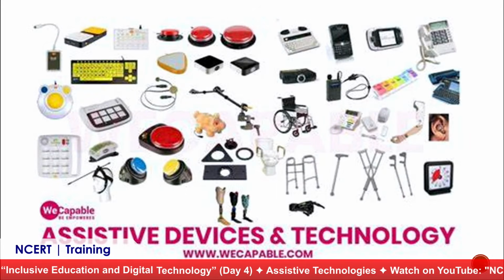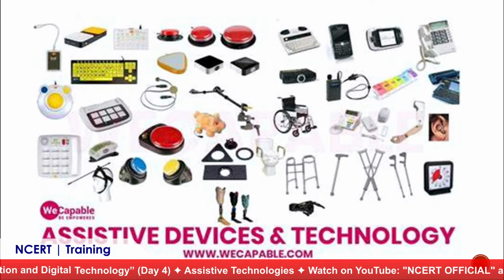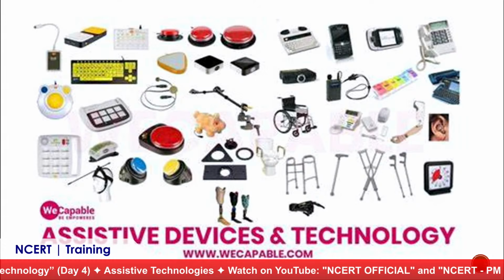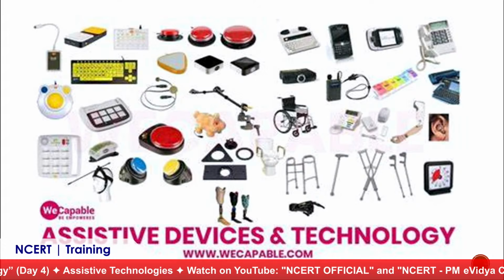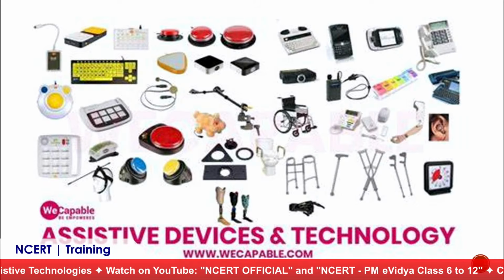So I want the viewers to have a look at the pictures of these devices. If you see, some of them fall under high tech, some of them fall under no tech. You can see a lot of mobility aids, a lot of prosthetic devices, artificial limbs.